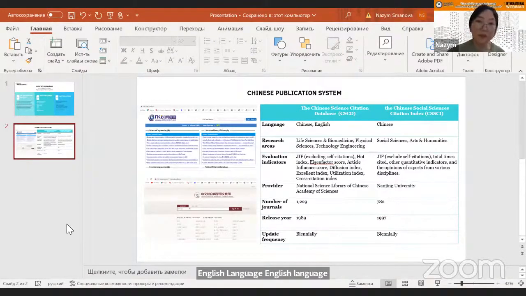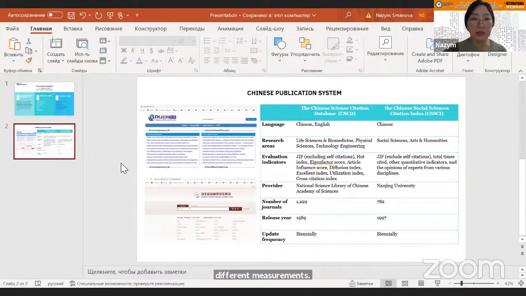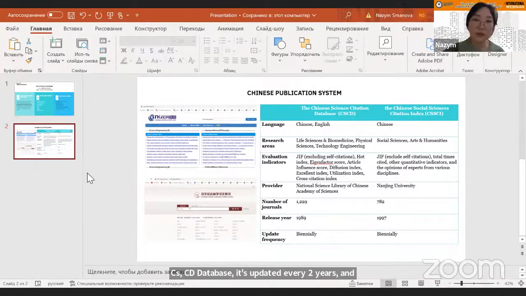And therefore, this database is widely used by universities and institutes for subject search, funding support, project evaluation, declaring achievements, talent selection, and different measurements. The CSCD database is updated every 2 years, and the journals must be published in either Chinese or English in China.